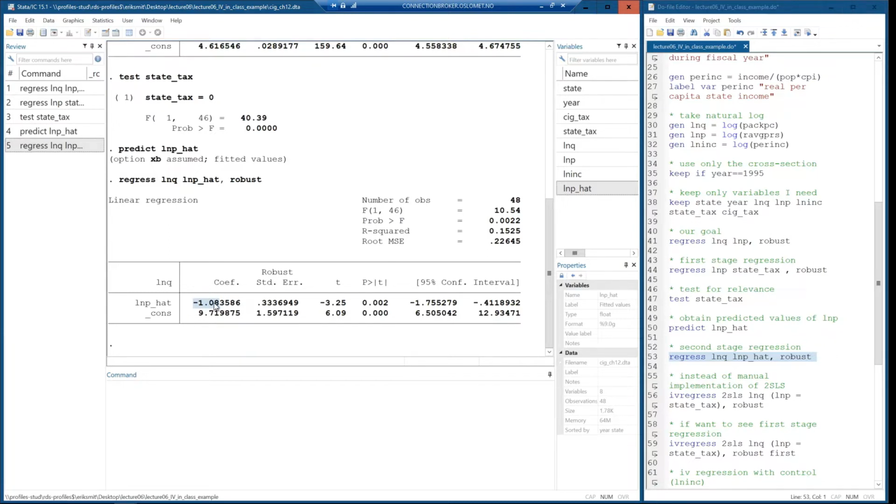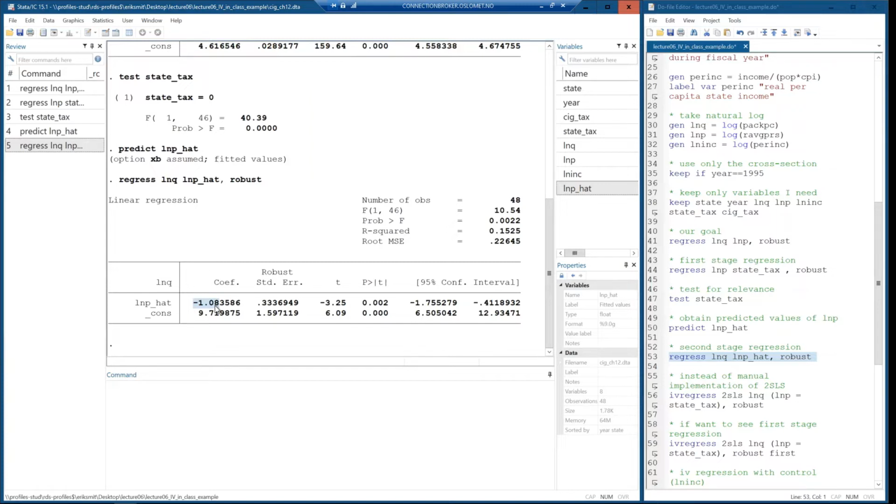So we are now thinking that this is an unbiased estimate of the population coefficient, and we are now drawing the conclusion that if we change price by 1%, then the quantity will change by negative 1.08% in the opposite direction.